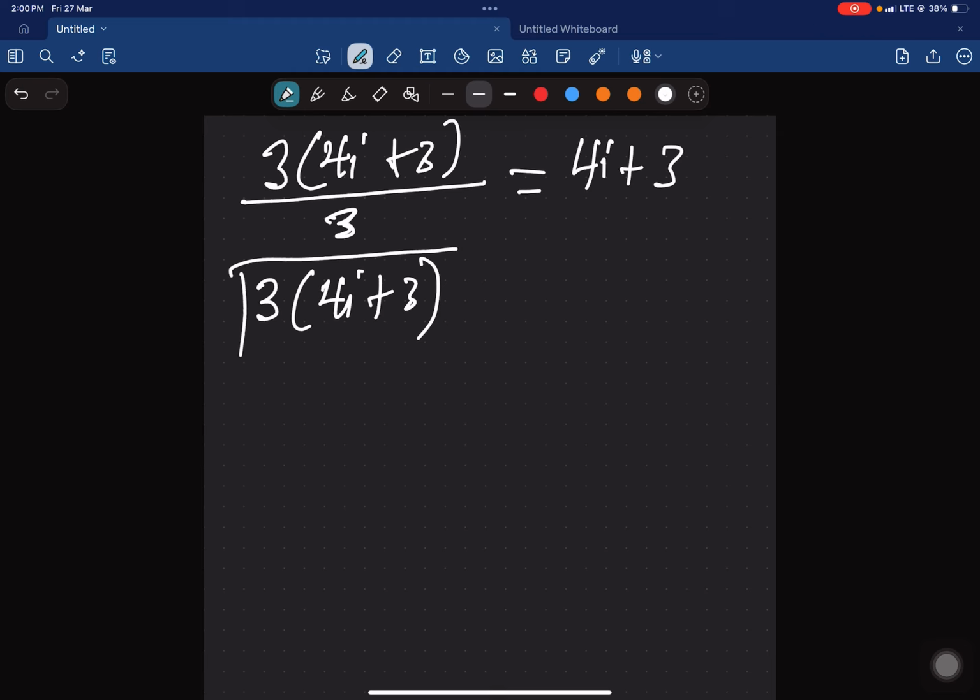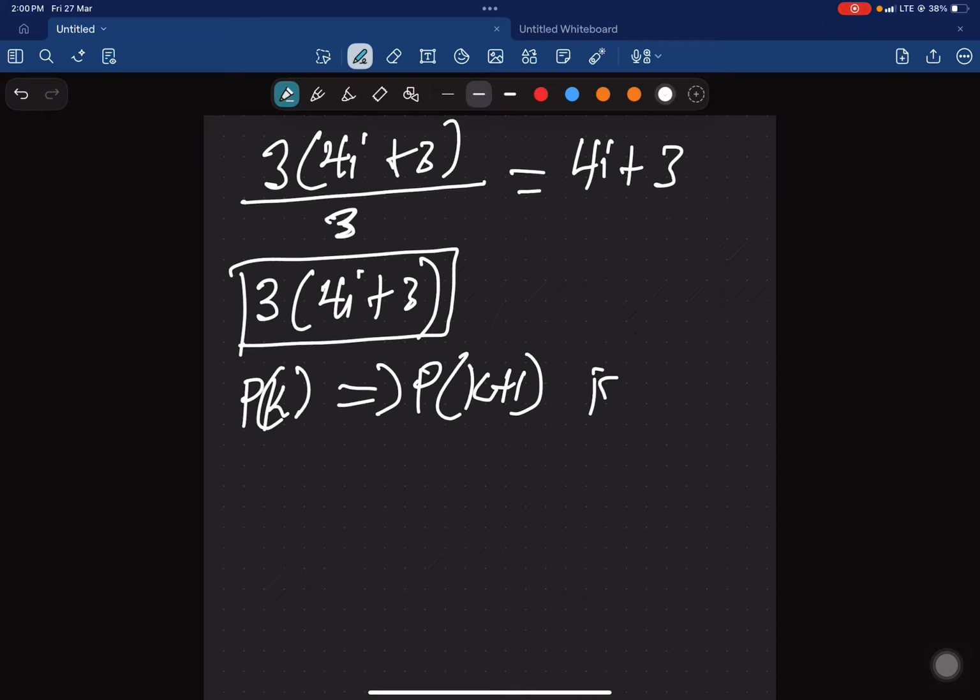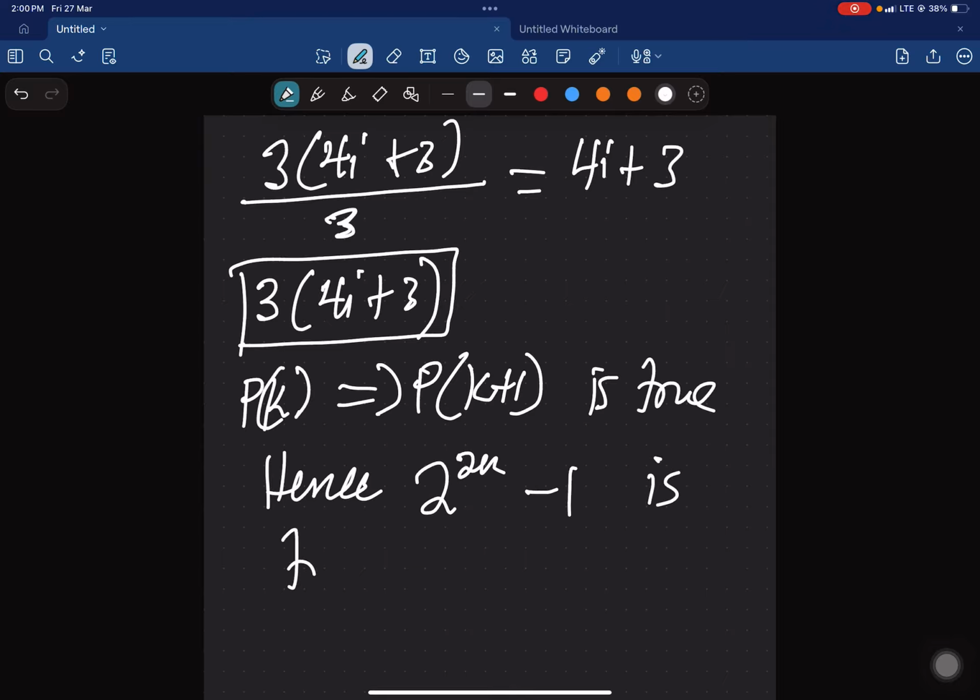We can see clearly that this expression is divisible by 3, and hence our implication is true. So we're able to establish that P of k implying P of k plus 1 is true, and hence 2 to the power 2n minus 1 is divisible by 3 for all n, which is a natural number.